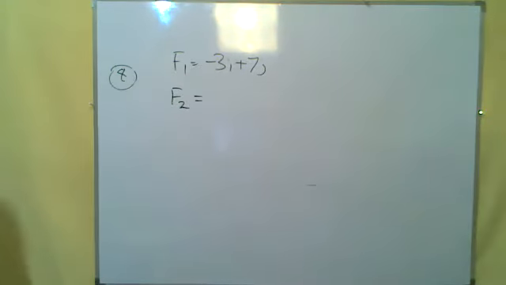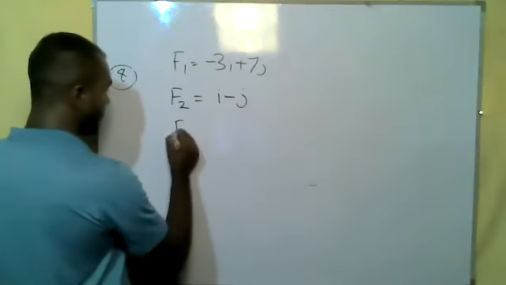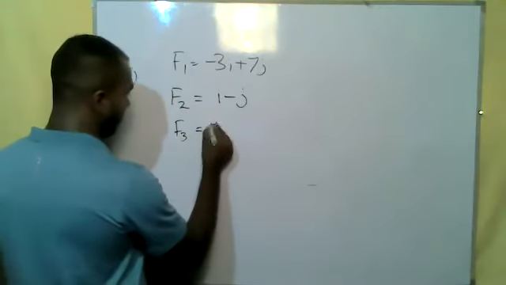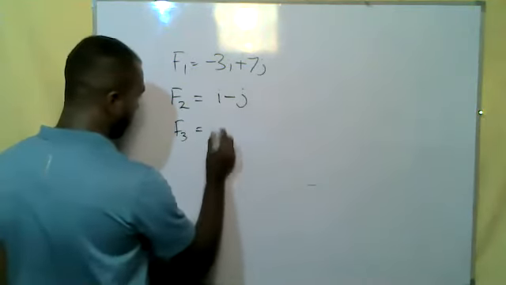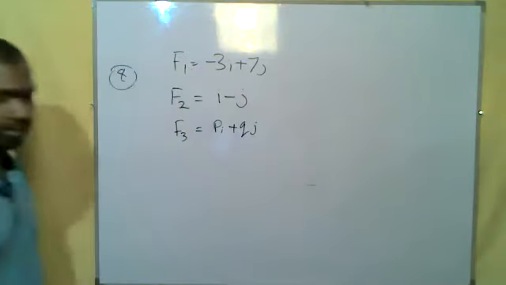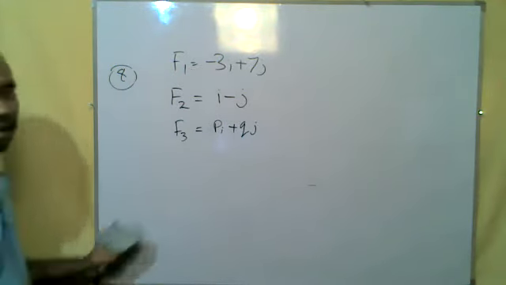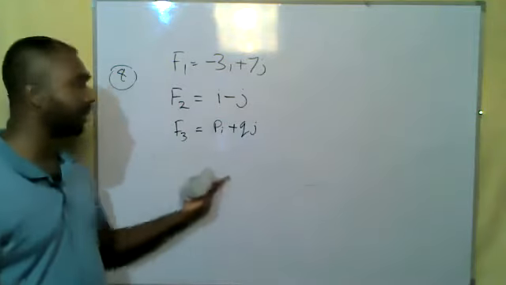I minus j. And force 3 is Pi plus Qj. Okay, so these are the forces given to us. And then what they are asking, given that the particle is in equilibrium, is to find values for P and Q.